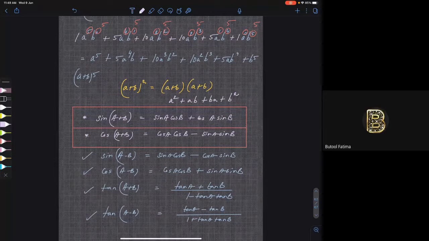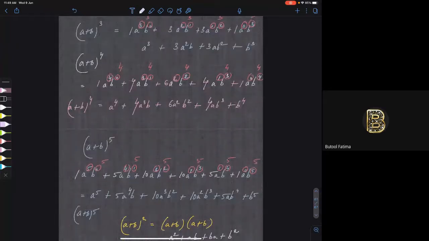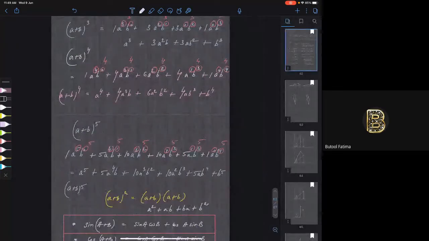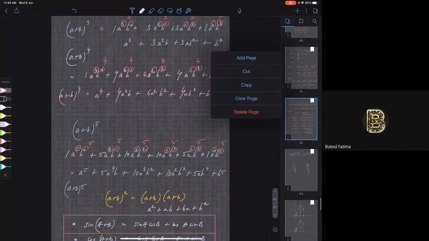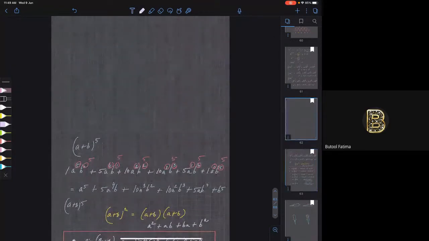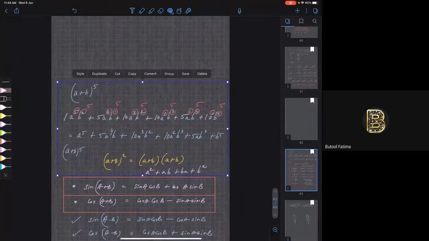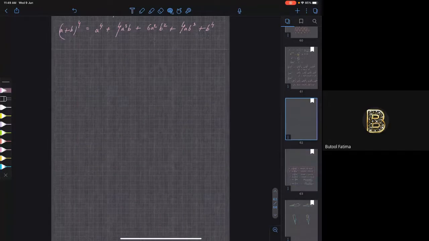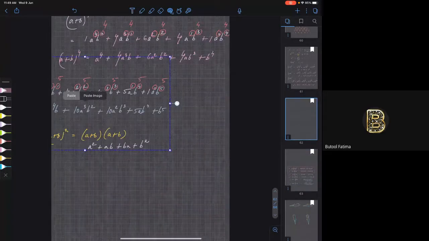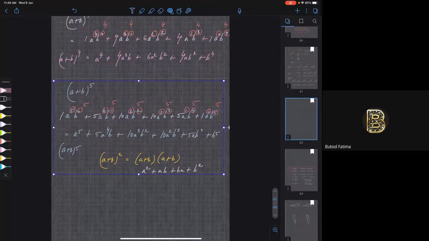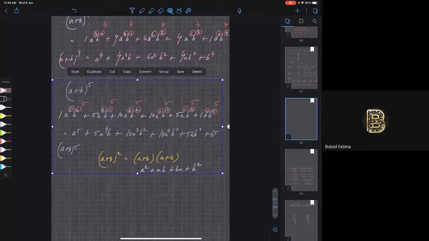Now basically this thing can be done in a different way also. Let me just explain what I'm trying to say. So this is one of the ways in which you can find the value of a plus b whole square.